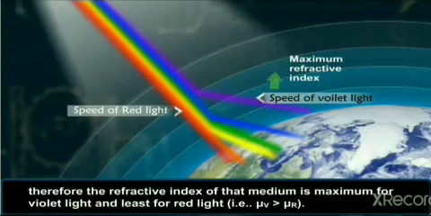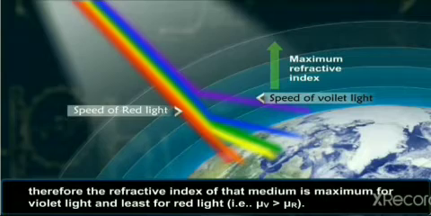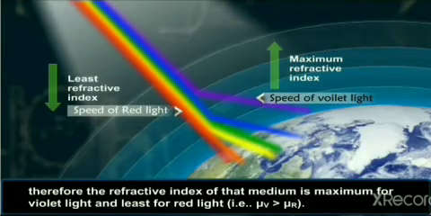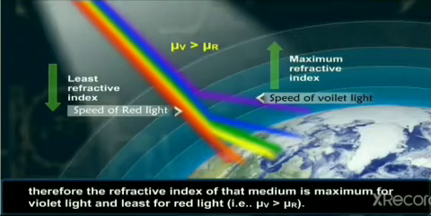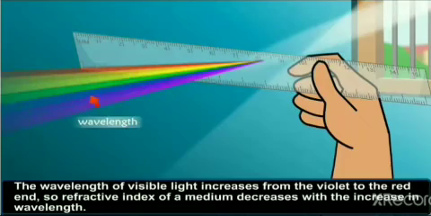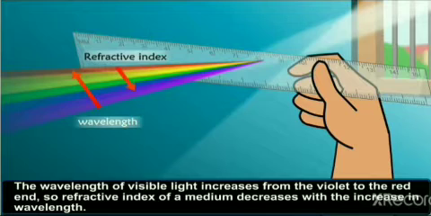Therefore, the refractive index of that medium is maximum for violet light and least for red light. That is, mu V is greater than mu R. The wavelength of visible light increases from the violet to the red end, so the refractive index of a medium decreases with the increase in wavelength.